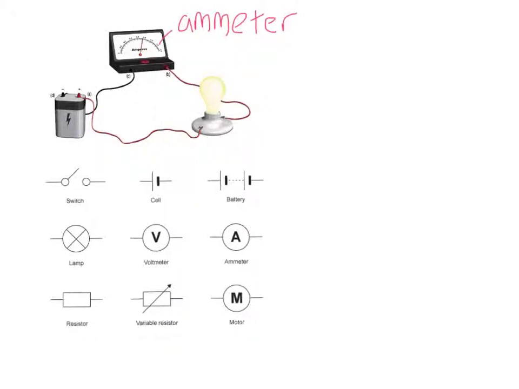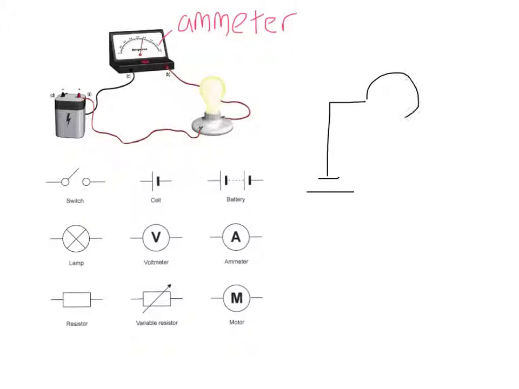So the way we will do it is, if we look at our symbols, here I'm going to use the cell symbol, I'm going to use the lamp symbol, but the other one that I like, the little bump symbol, and I'm going to use the amp meter symbol. Okay, so let's see how it goes. So first of all, let's draw our cell, so long line, short line, and that connects up to an amp meter.